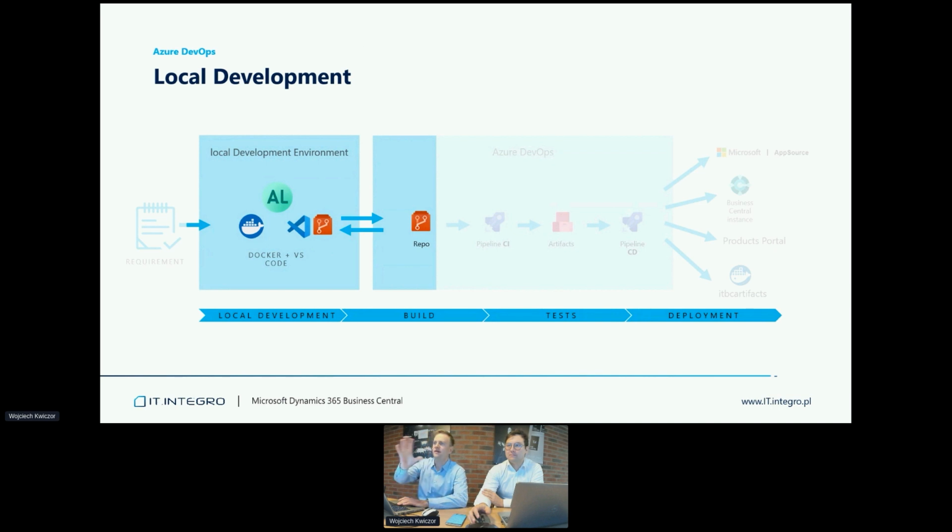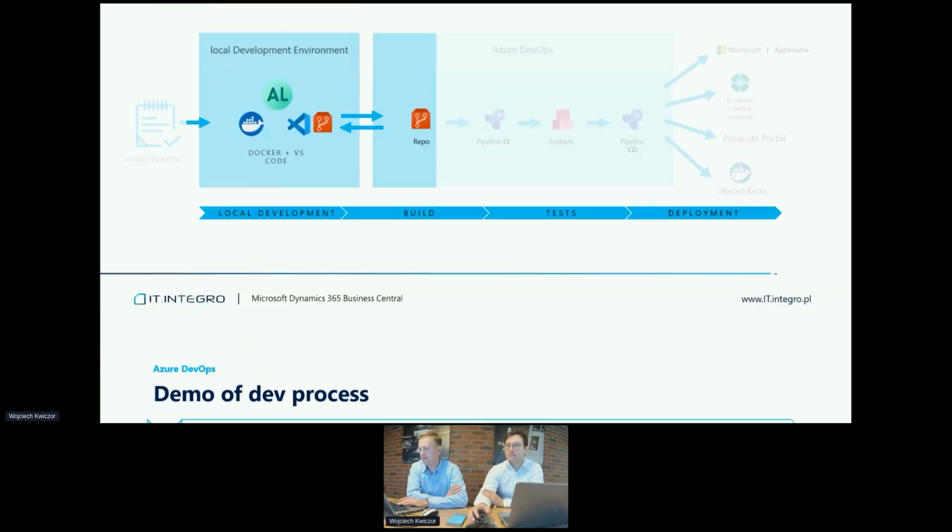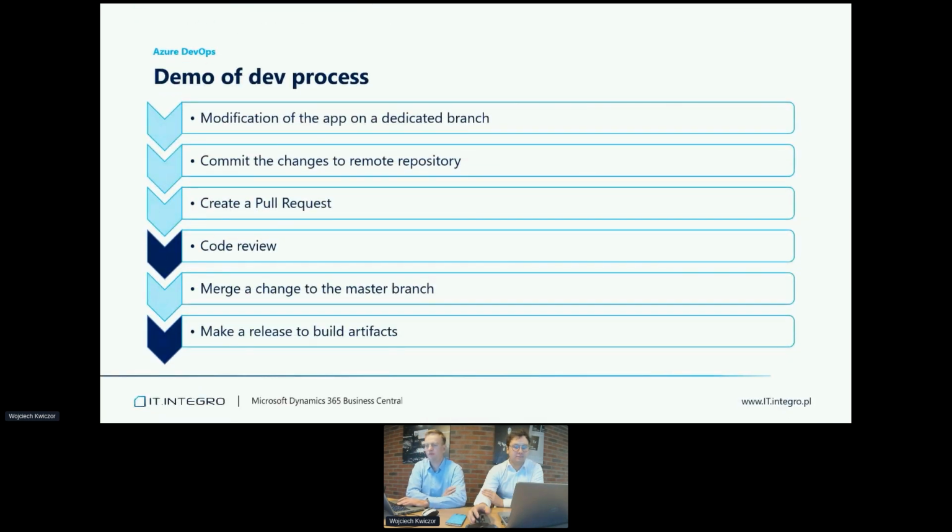So first we'll focus on the local development. This Michał will show. So what will be part of the demo? First of all, Michał will modify the app on a dedicated branch. Then he will commit the change to the central repository. He will create the pull request. Next, I will be the code reviewer.